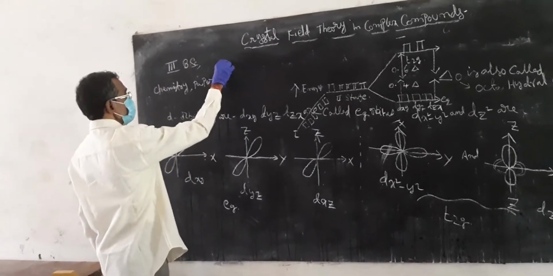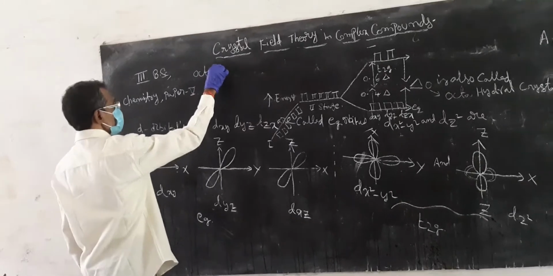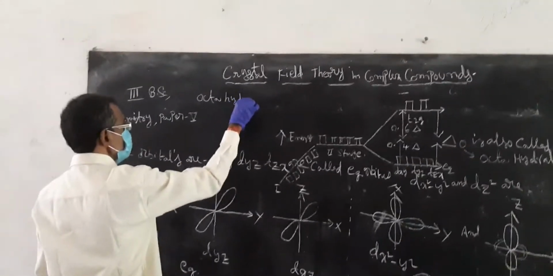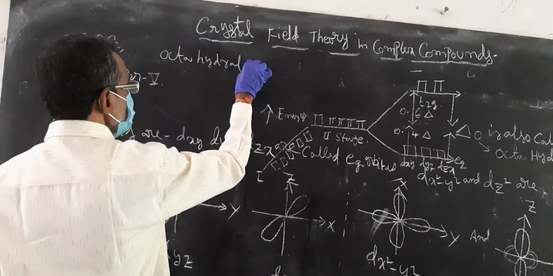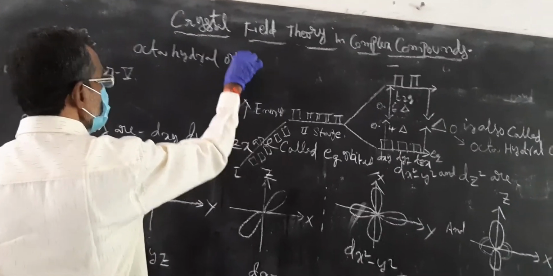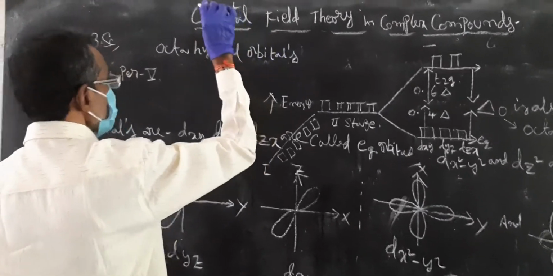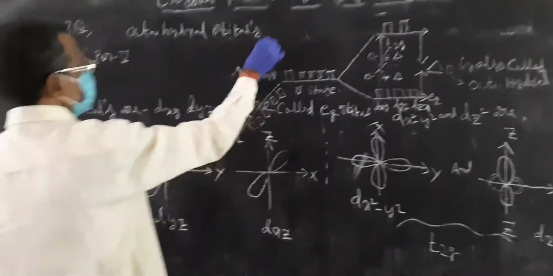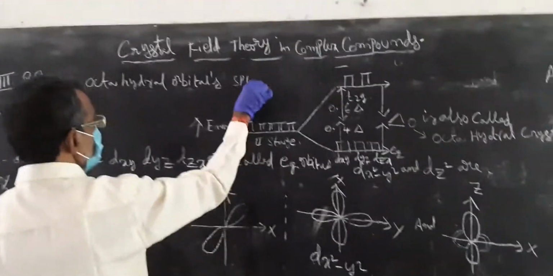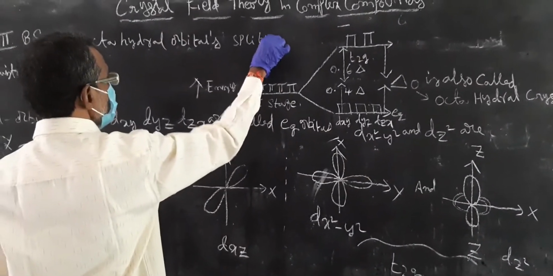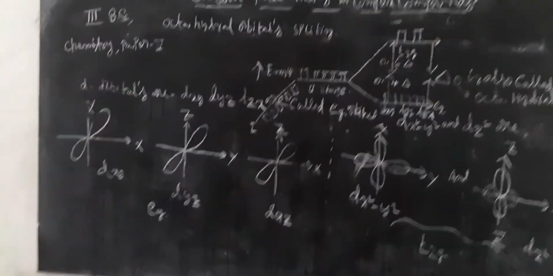This is called octahedral orbital splitting.